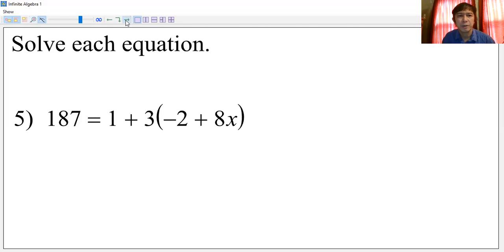Okay, here's number 5. All right, so we shall try to solve this number 5. Here's 187 equals 1 plus 3 times negative 2 plus 8x. Okay, how do we solve this one?